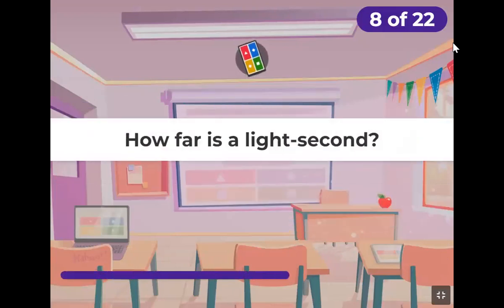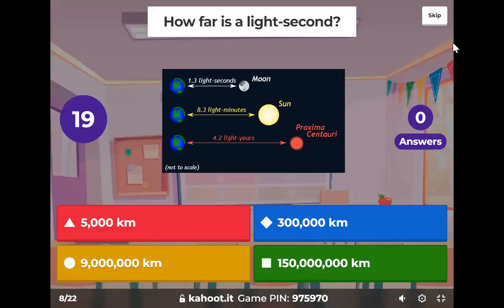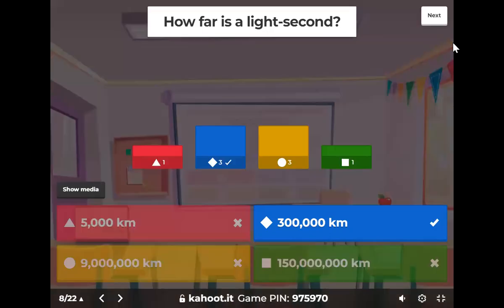How far is 1 light second? All right. So that would be the distance that light travels in 1 second.